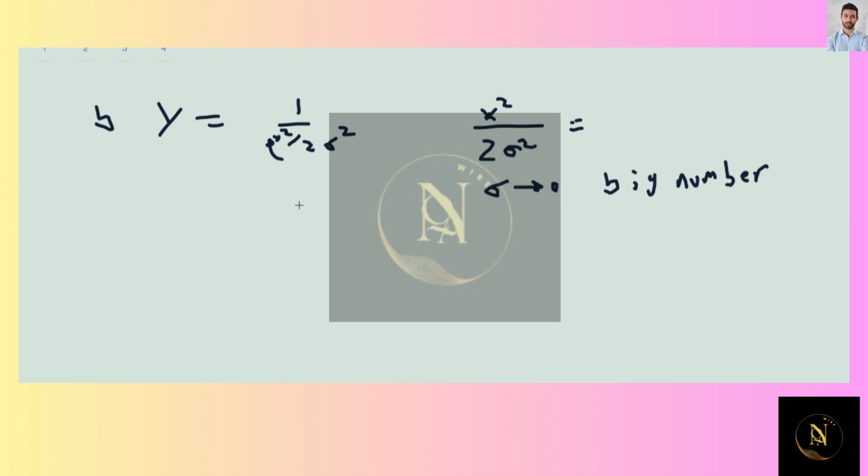So you get 1 over e to the infinity, and remember, 1 over a really big number approaches 0. So as sigma goes to 0, y also gets closer and closer to 0.